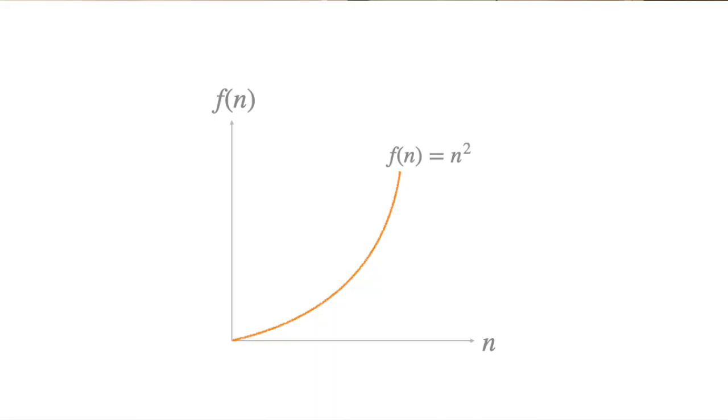Let's look at an example where this does not happen, and a very good example of that is the quadratic function. So if I have f(n) equal to n squared, I'm going to have a function that, if you remember from high school, looks like a parabola, right? And here we have something very interesting going on that is different from what was happening with linear functions. In the standard example, let's say n goes from 5 to 6, a difference of 1, and 500 to 501, again a difference of 1.